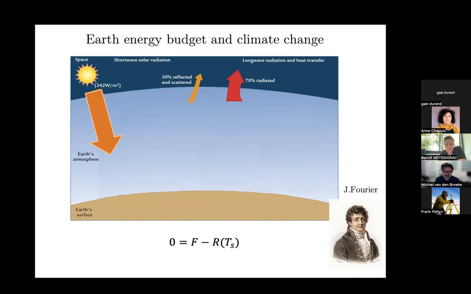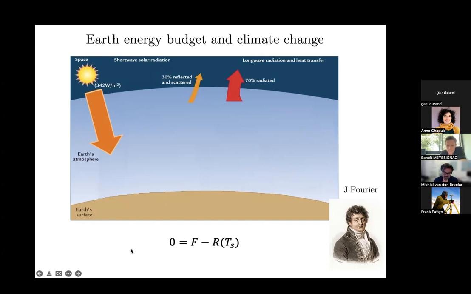And Joseph Fourier showed that under equilibrium, the Earth receives as much energy from the sun as it emits towards space. And with this simple equation that you see below, he suggested that we could derive an estimate of the surface temperature of the Earth just by looking at this equilibrium between the incoming energy and the outgoing energy.